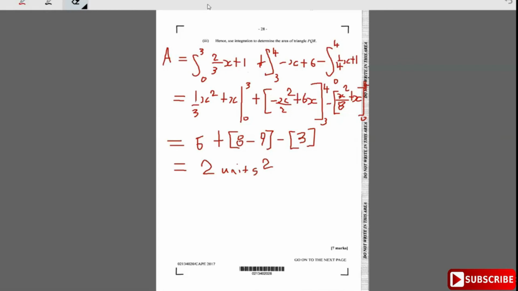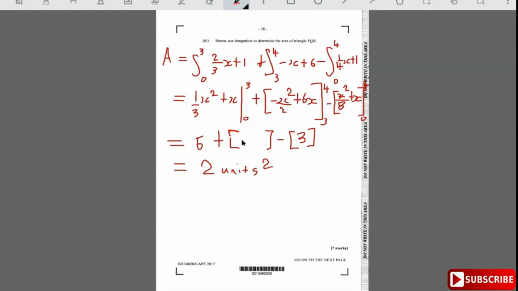So now I need to change up this. This part is not going to be the same as in here. So when I plug in the 4, I'm going to get 16 over 2, that's 4 squared divided by 2, that's minus 8, plus 6 times 4, that's now positive 16.